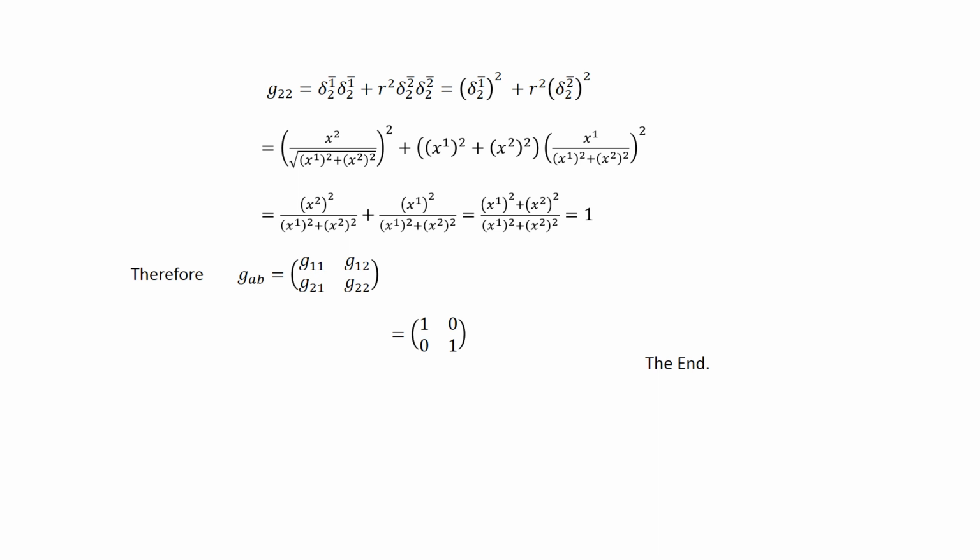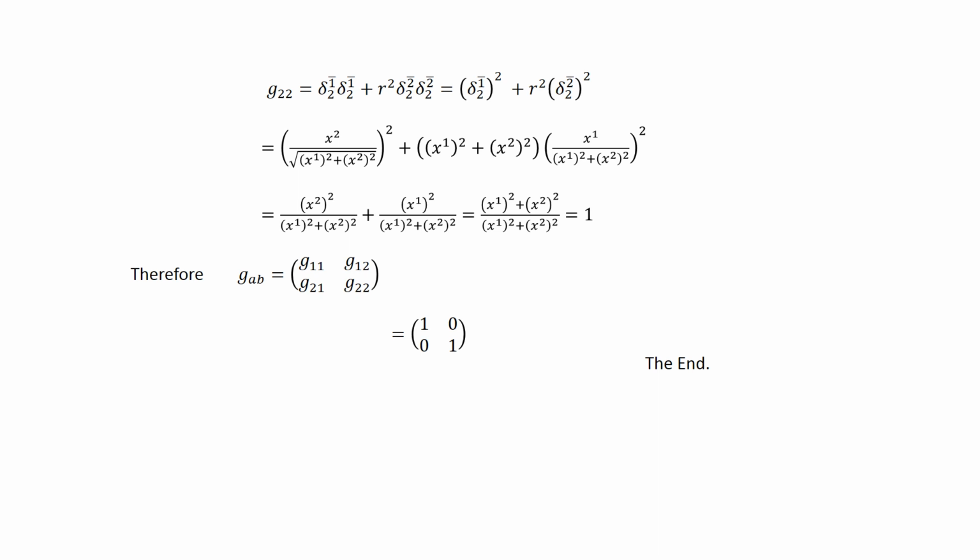One term is cancelled with the denominator, so we get x1 square over x1 square plus x2 square. So taking the LCM of both terms, we get x1 square plus x2 square over x1 square plus x2 square. So the denominator is equal to the numerator, this must be cancelled, and we get the answer 1.